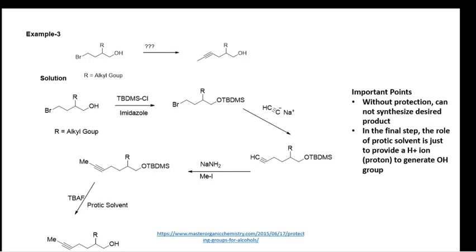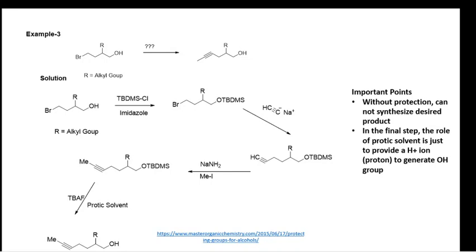So this hydrogen atom of the terminal alkyne is acidic in nature, which could be picked up by a base. Sodium amide here acts as a base. It picks up the proton, creating a negative charge on the terminal carbon atom.